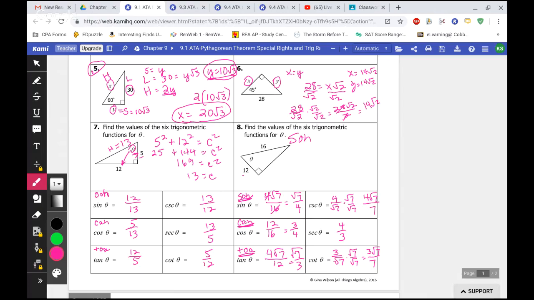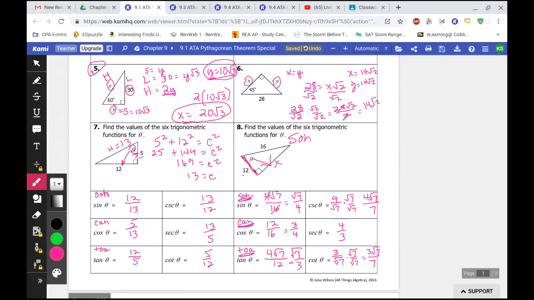SOHCAHTOA. Opposite over hypotenuse. So this side is opposite. This side is adjacent. Okay. So once you get all of your sides, for this one I am missing the opposite side. I don't know what this side is.